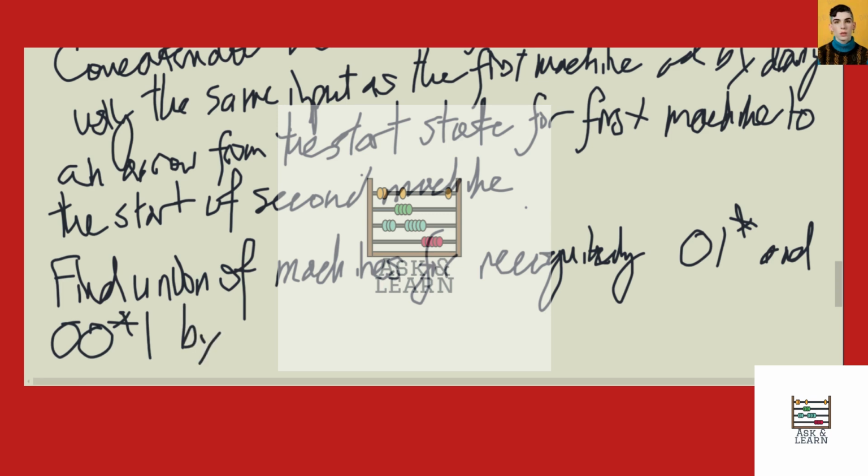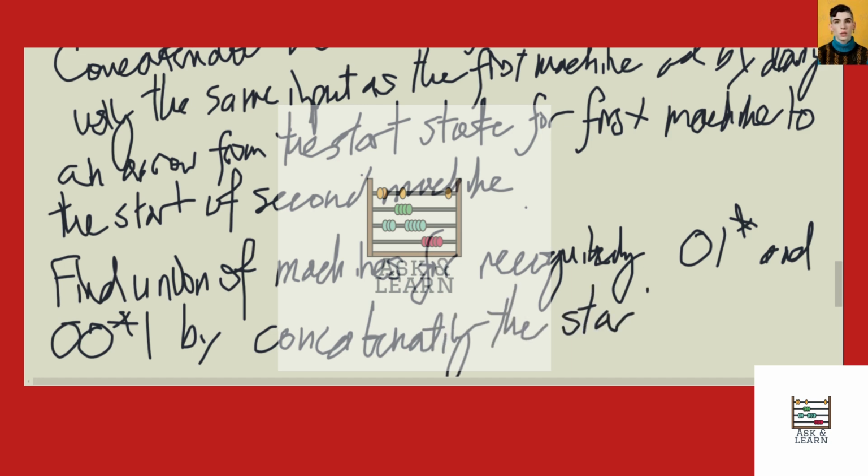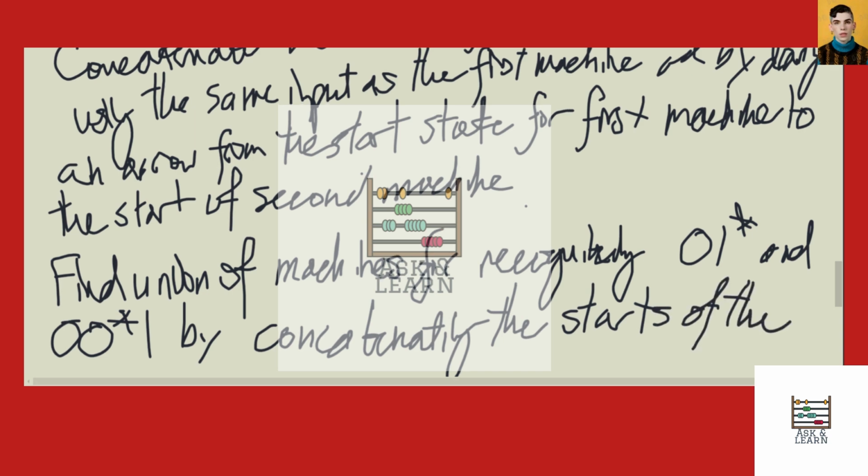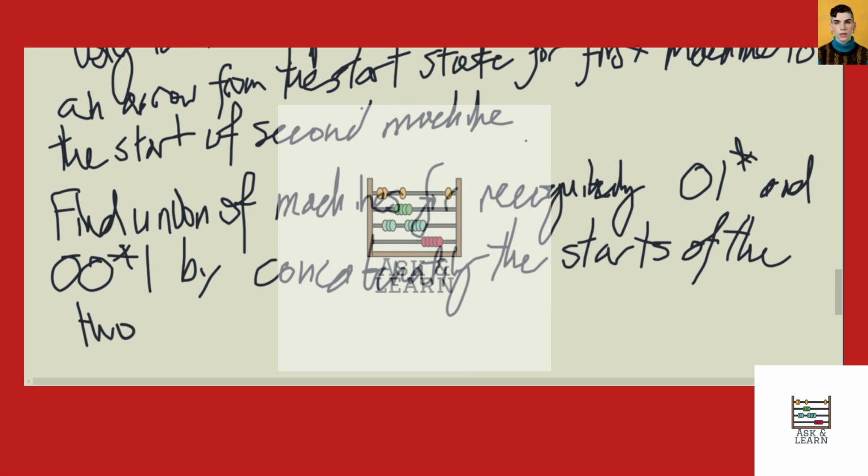We'll find the union by connecting the start states of the two machines to the same new start state.